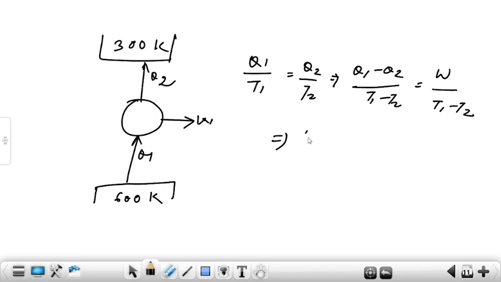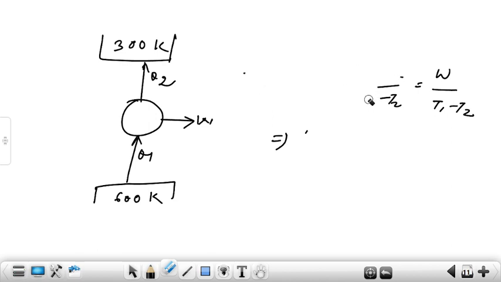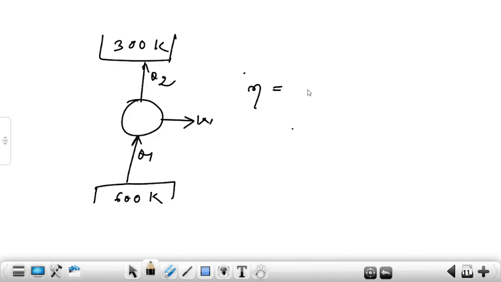Next, efficiency is equal to W net divided by Q1, and W is given as 300 kilojoule.